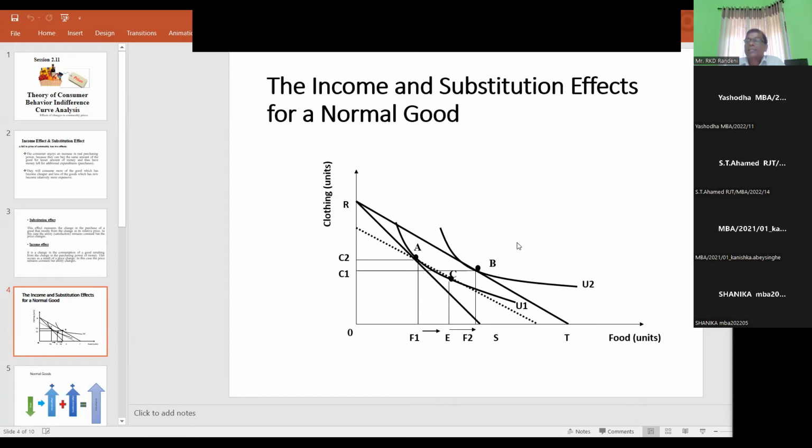These are the assumptions. Otherwise, we can't draw it. Good X is normal, price of X is reduced. You have to use the vertical axis for price, not the horizontal. When the price of X is reduced, you have to use that horizontal axis.